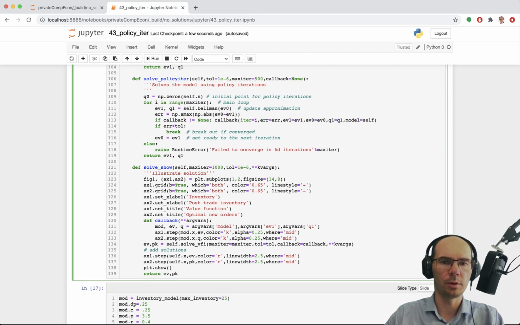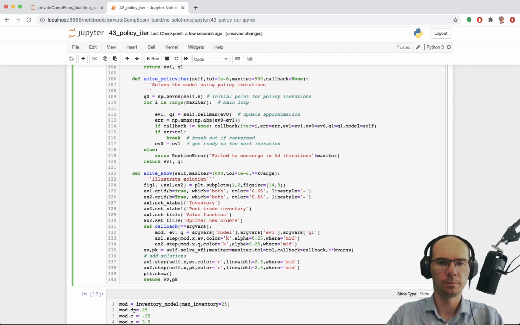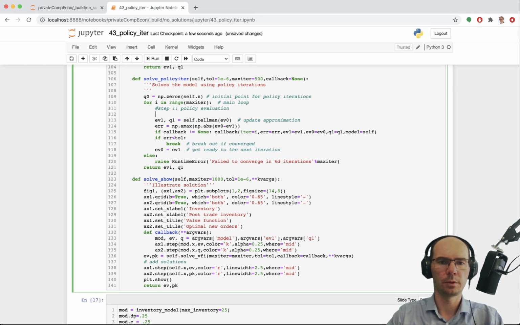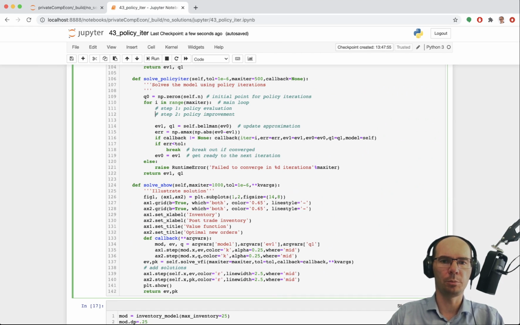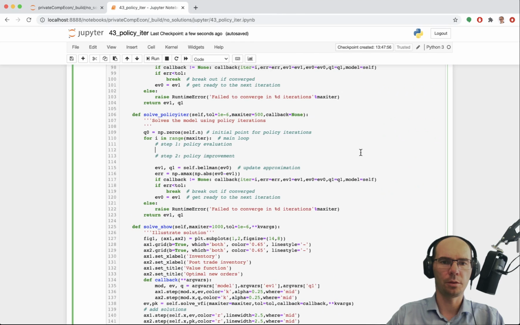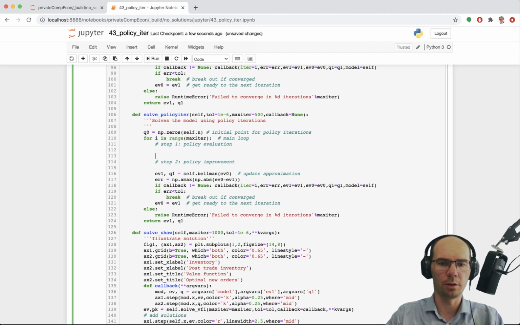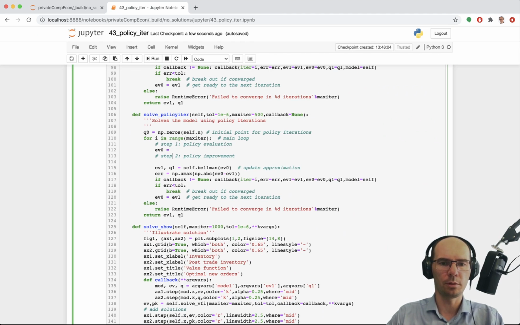What will be the main loop? Okay, the main loop will have step 1, policy evaluation, and step 2, policy improvement. Well, we know what we do in the policy improvement. So here in step 1, we will calculate the EV0, which will be something, I don't know what yet.